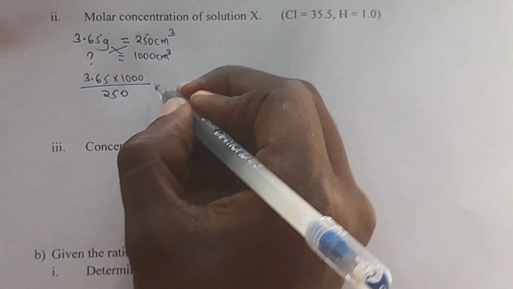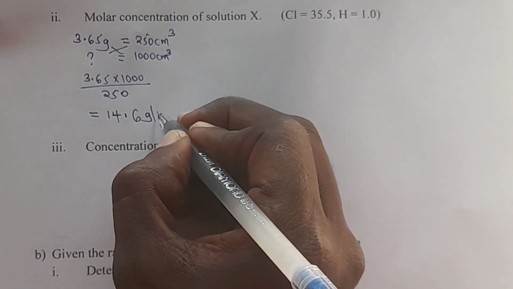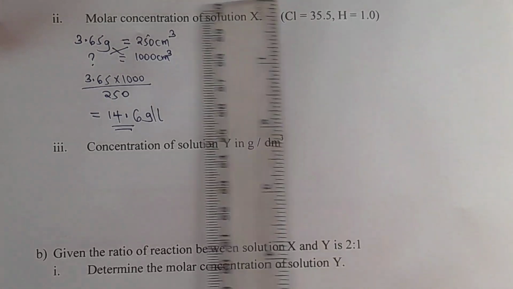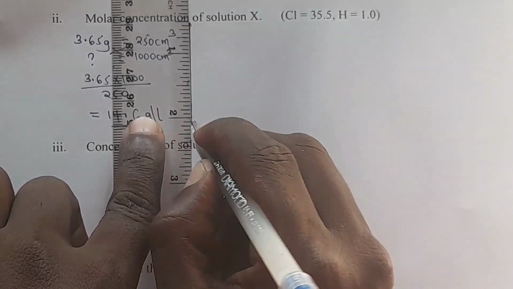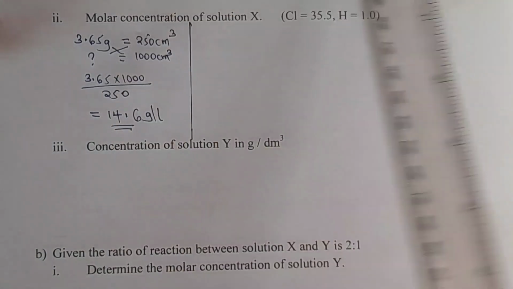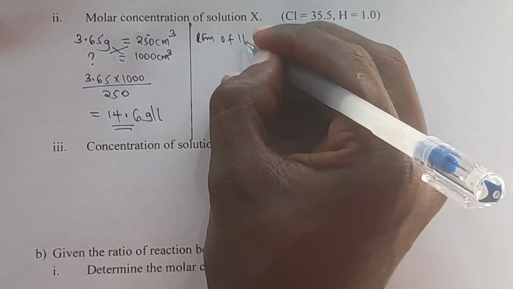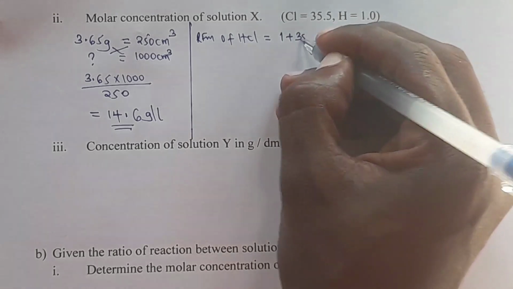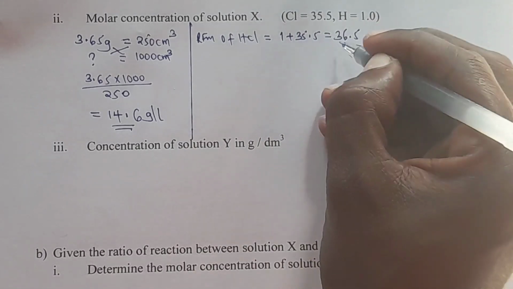Here we are going to get 14.6 grams per liter. That will be the concentration of hydrochloric acid in grams per liter. Next we have to look for the RFM of hydrochloric acid. The Ar of hydrogen is 1, plus that of chlorine, 35.5. Here we are going to get 36.5.